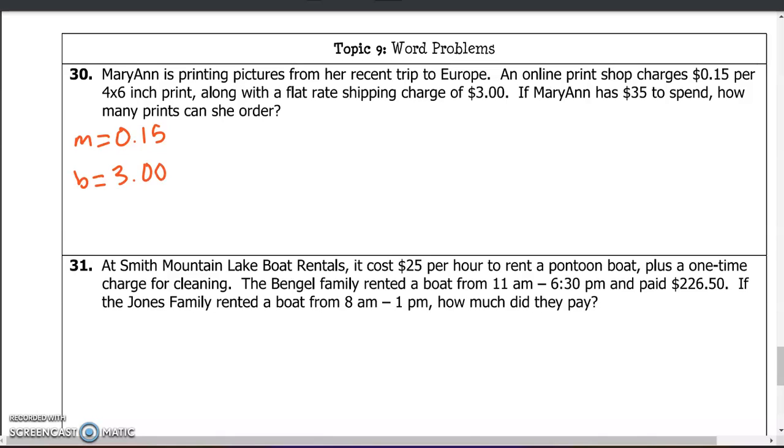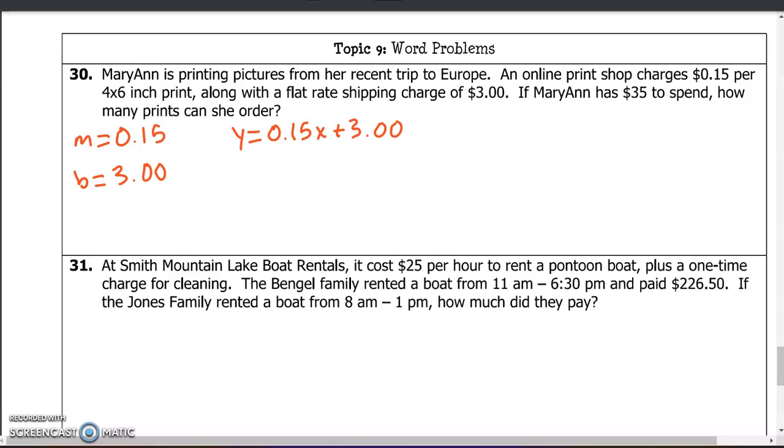So when I write this as an equation, y equals mx plus b. y equals 0.15x plus b, which in this case is $3. Sorry, I know this doesn't write the most beautiful.